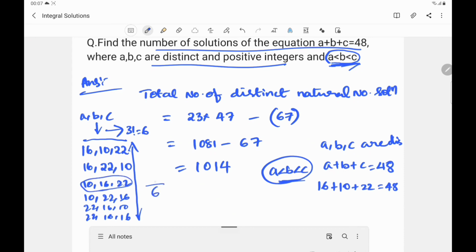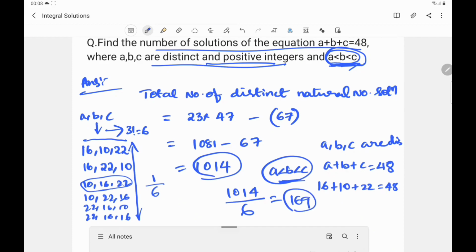Out of 6 I am getting only one case. So out of these many numbers, that is 1014, I will get only 1/6 of them to be distinct, positive and satisfying this condition, which is 169, the answer to this question.